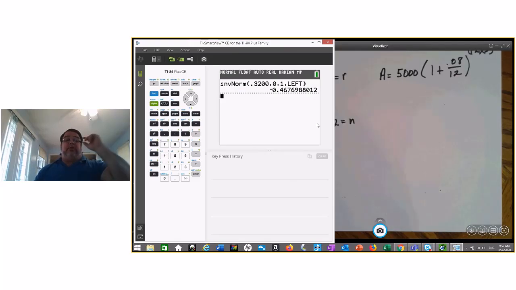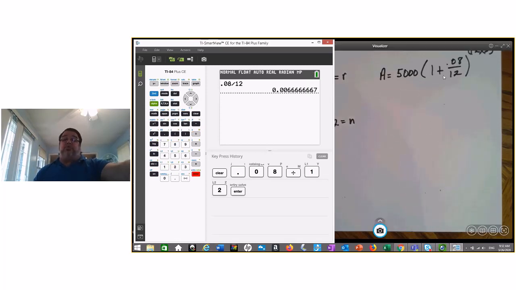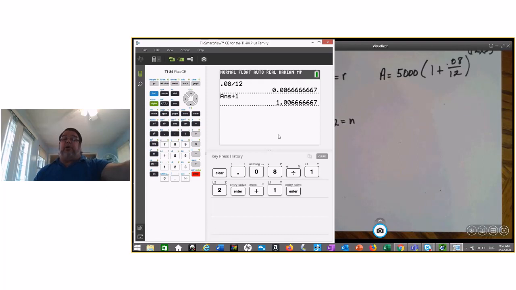All right, so here we go. Well, you work inside out. 0.08, let me clear this. 0.08 divided by 12 equals. And then I'm going to add that to 1. And then I'm going to raise that to the 60th power.